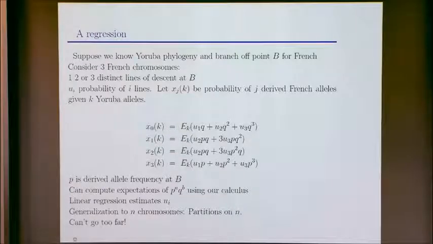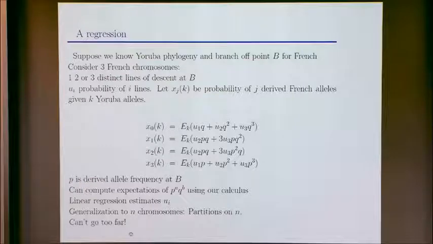Well, that's actually very powerful, because what it means is that I can just run a regression machine, which is instantaneous, and I don't have to worry about the detailed phylogeny on the Eurasian side, right? So I think this is quite a strong idea, and it allows me to think about the phylogeny on the Yoruba side and not make detailed assumptions on the Eurasian side for small numbers of alleles.